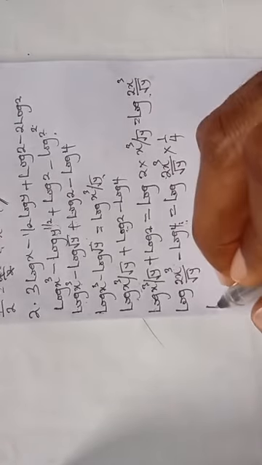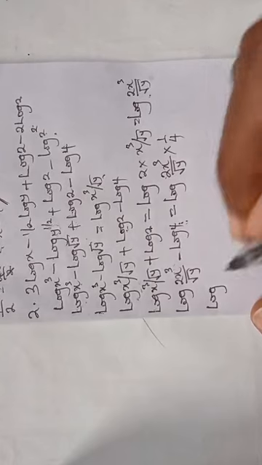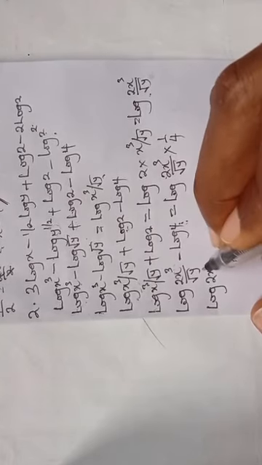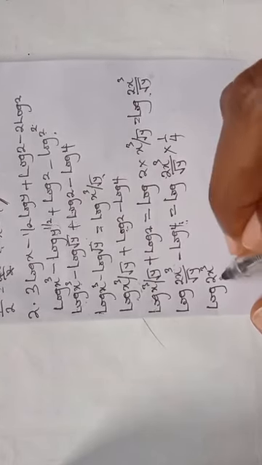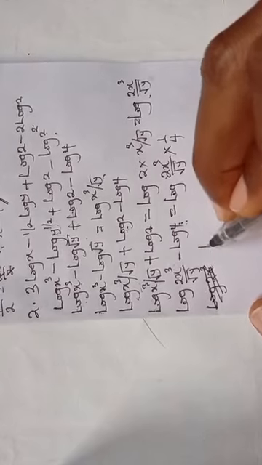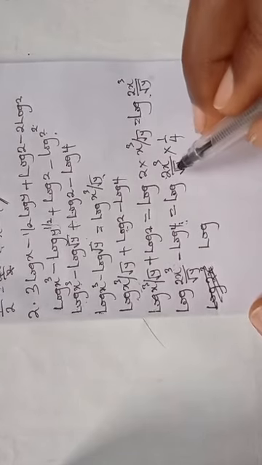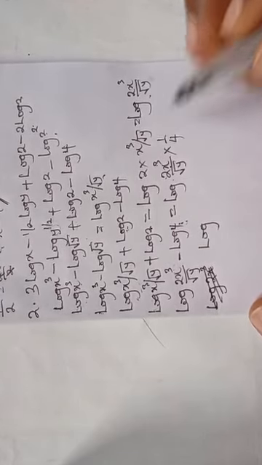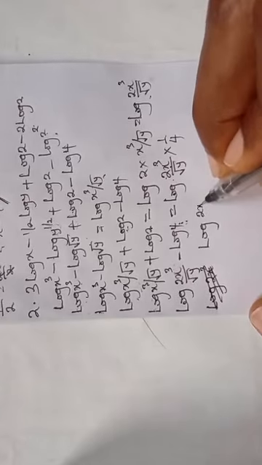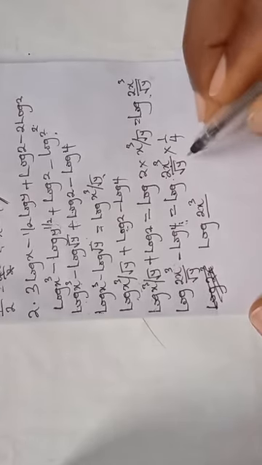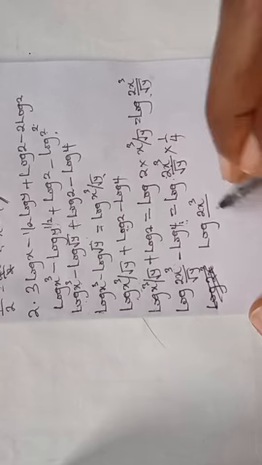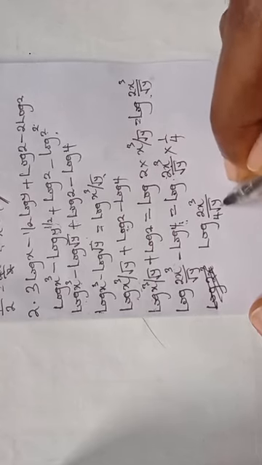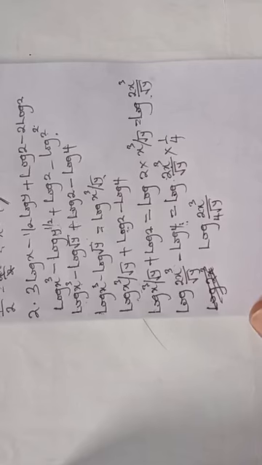Okay, so I have log of 2x power 3 times 1, which is still the same thing, over root y times 4, which is 4 root y.